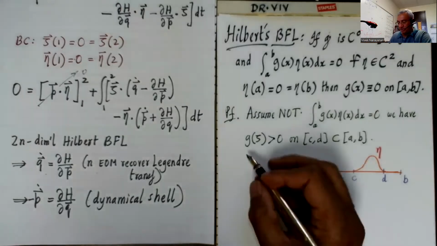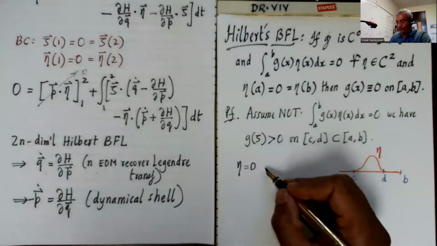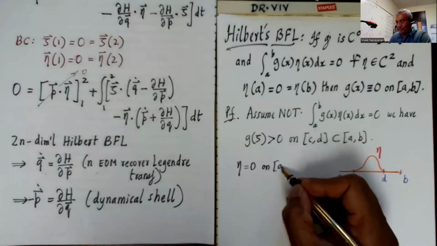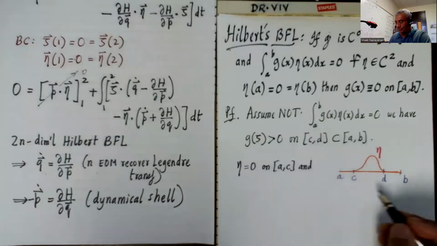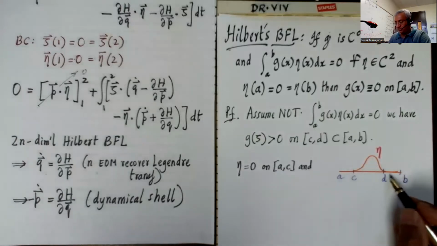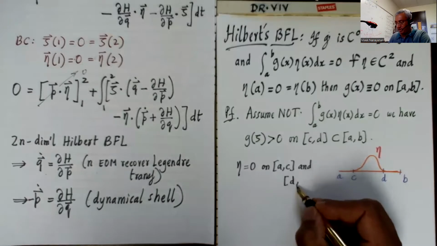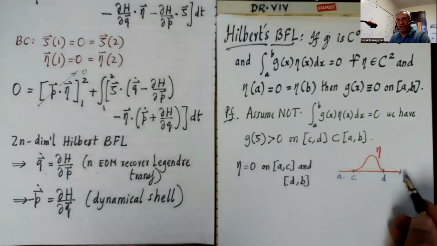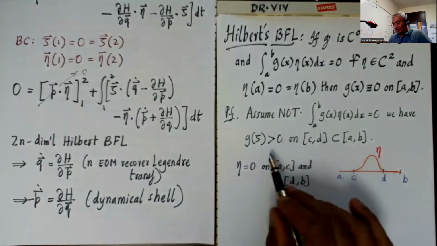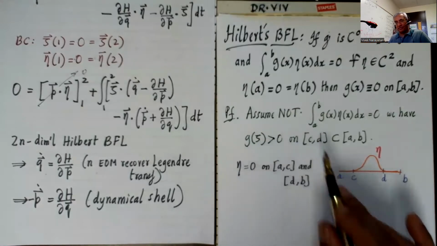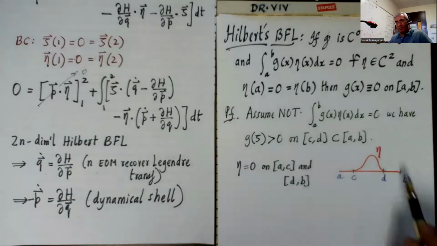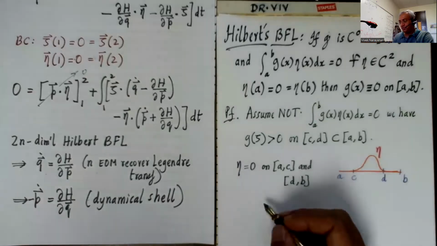How do we do that? Well, first of all, eta is 0, where it doesn't matter, on AC and on here and here, DB. So those are garbage places because g of zeta, zeta comes from the interval CD. That's a problem interval. So it's only in the problem interval the bump comes up.